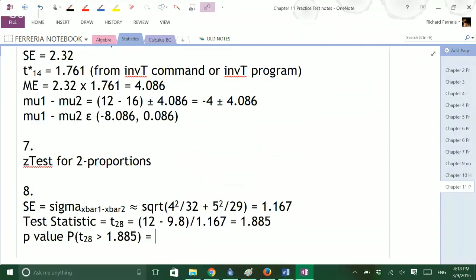We use TCDF. 0.035. Give me one more decimal. 0.0349. And we should write that here, use TCDF. Okay, I think that's it for question 8, right?